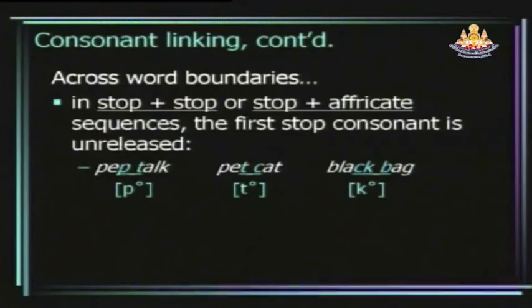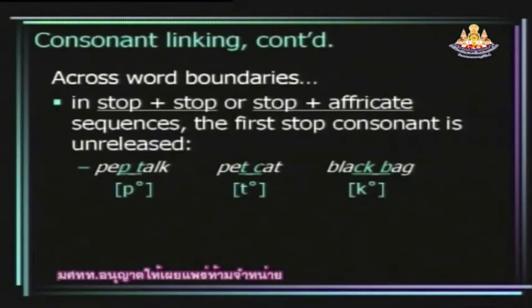Remember, we talked about unreleased consonants in our lecture several times ago about consonants. So instead of saying pep talk, I don't release the final P. I leave my lips together and I say pep talk.